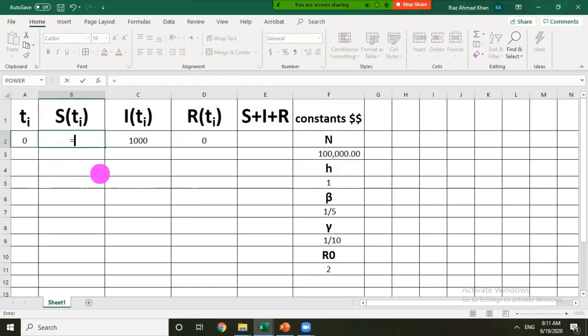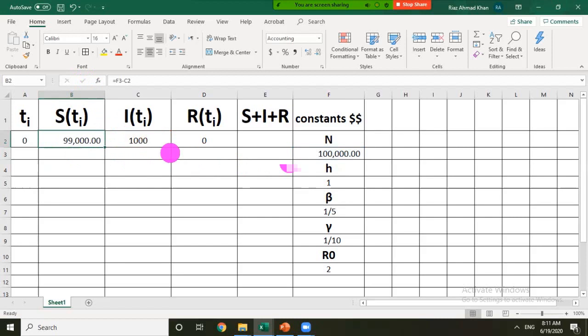But I want to write here the value of N in F3, column F, row 3, minus this. So it is also 99,000.